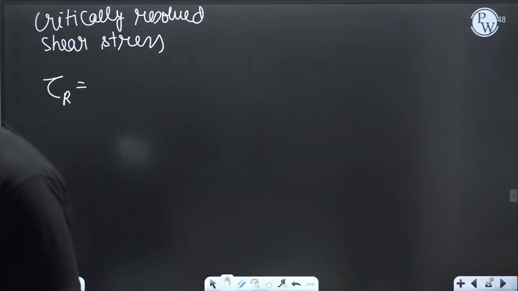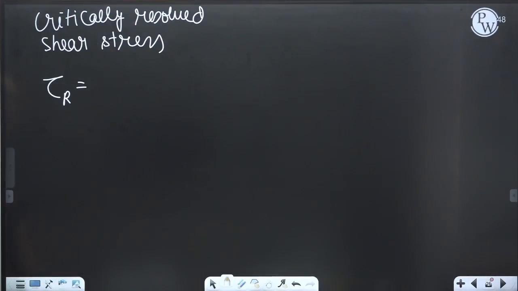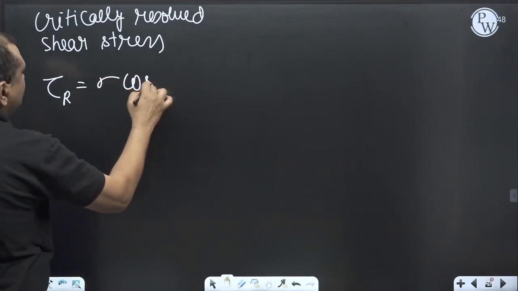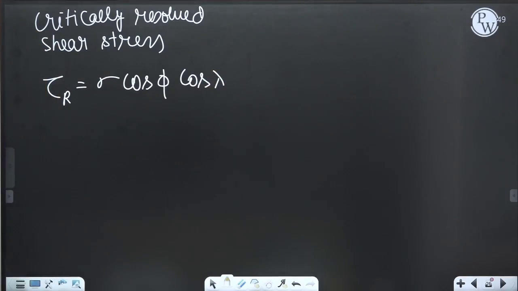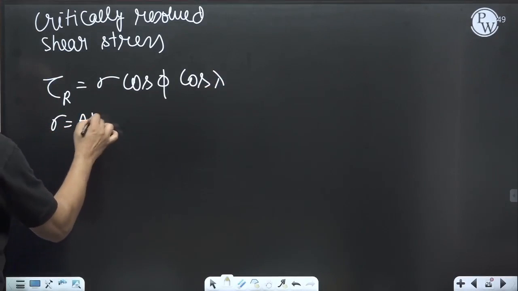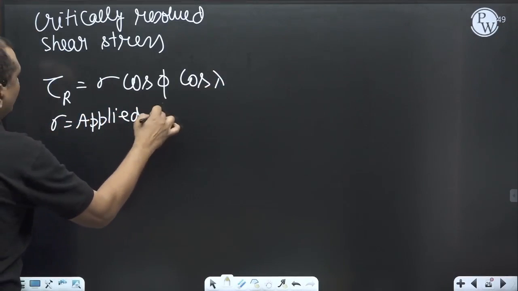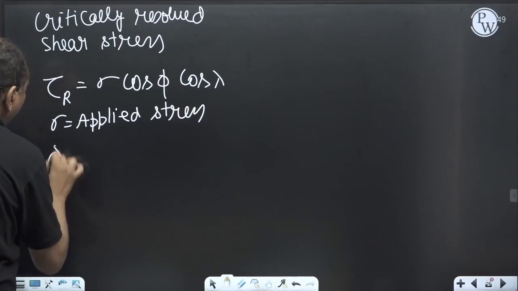So critically resolved shear stress is nothing but sigma cos phi cos lambda, and sigma is the applied stress. So you should know the different components.